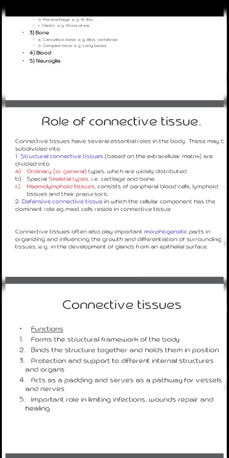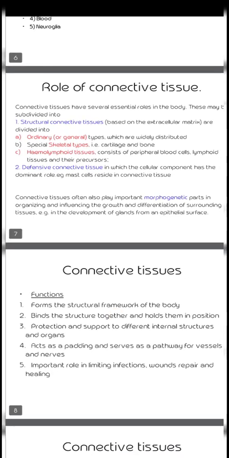They fight against different allergens which enter our body. They also play important morphogenetic parts in organizing and influencing the growth and differentiation of surrounding tissues. For example, in the development of glands from an epithelial surface.